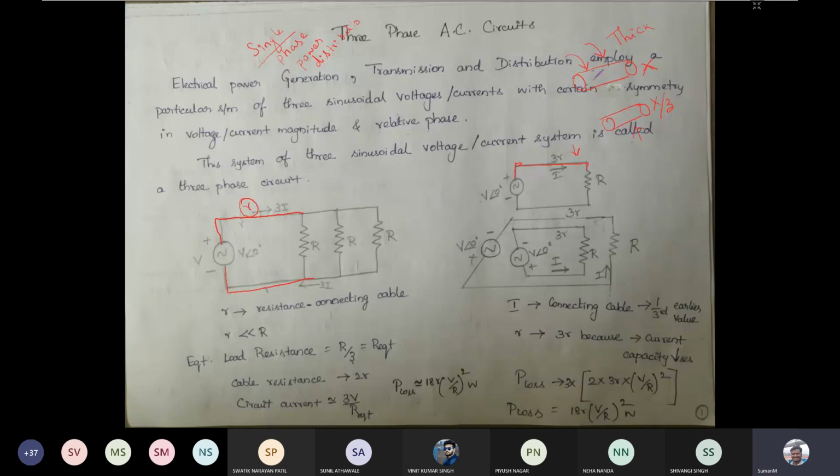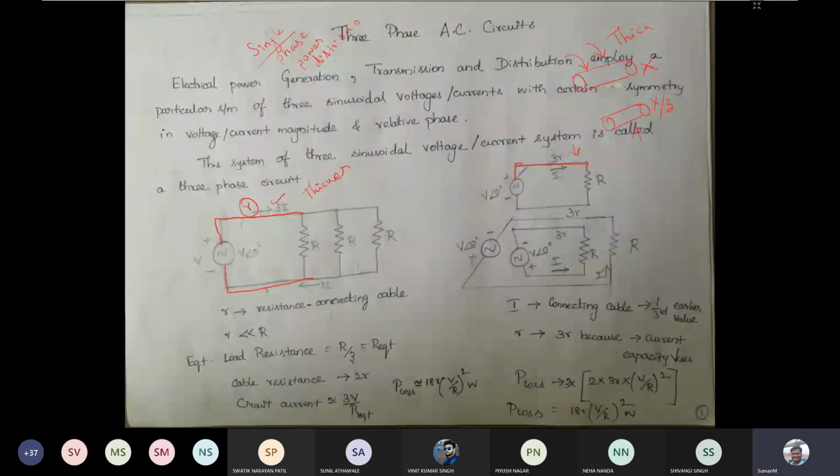So if you want to carry more current, the thickness of the wire will be very high. If you want to carry less current, a thinner wire is sufficient. So in this case the wire should be much thicker compared to the other case.